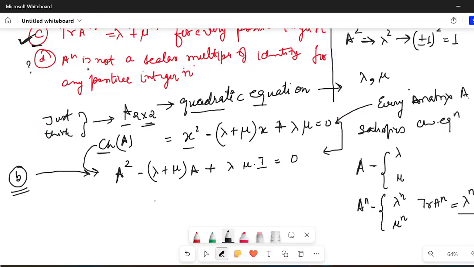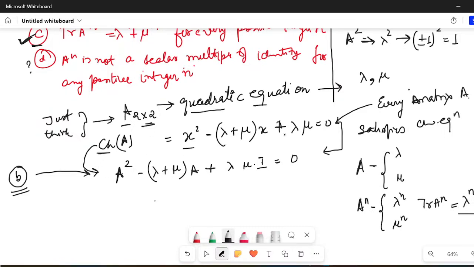So option number D says A raised to power n is not a scalar multiple of identity for any positive integer n.